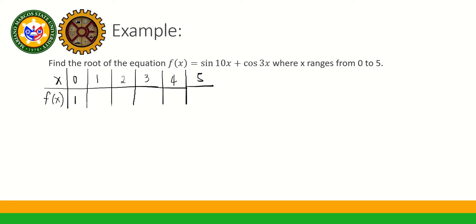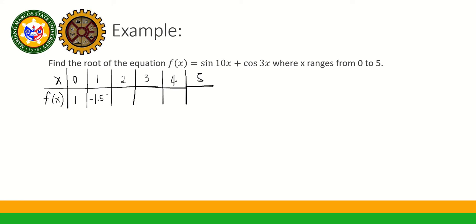Now, if our x is equal to 1, what is our f of x? Okay, so our f of x will be negative 1.5340. So, round off tayo, dito muna is 2 decimal places. This will be equal to negative 1.53.